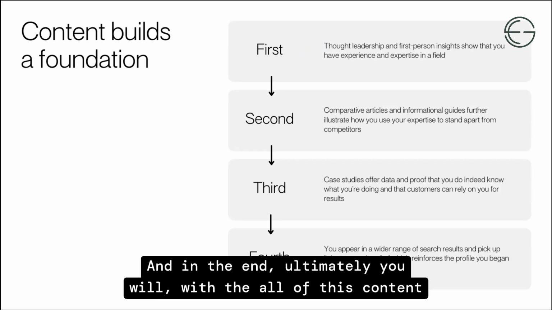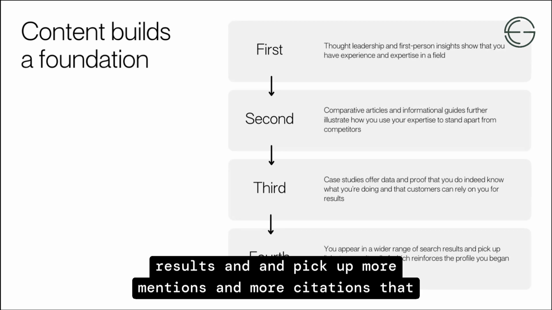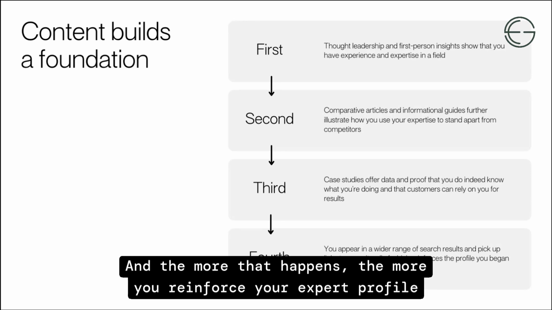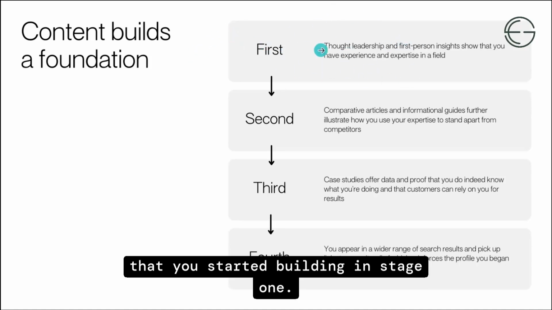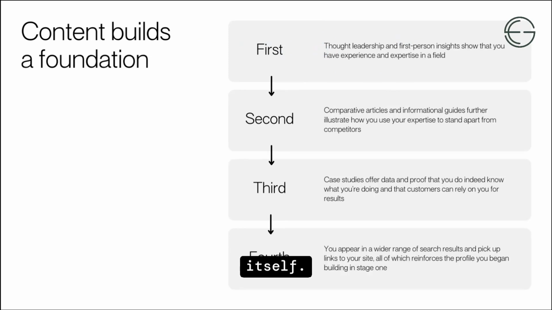And ultimately, with all of this content on your site, you will be able to appear in a wider range of search results and pick up more mentions and more citations that actually link to your site. And the more that happens, the more you reinforce your expert profile that you started building in stage 1, and then that cycle just sort of continues and builds upon itself.